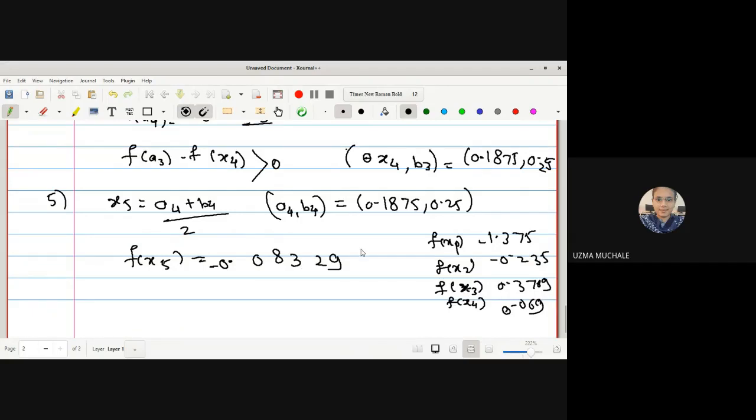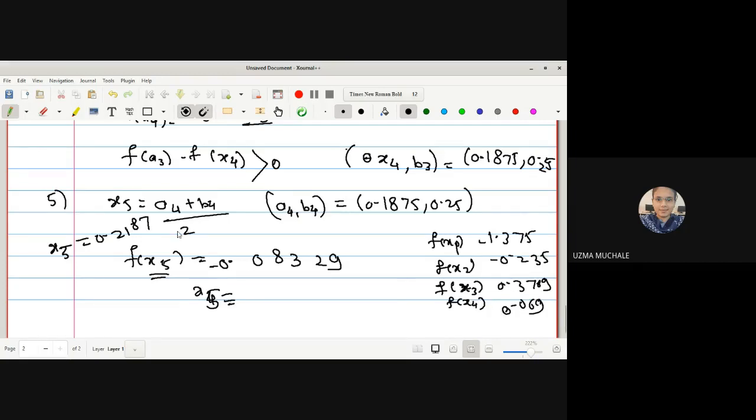So out of all these, we can select any one of them, as in the question you have to perform 5 iterations. So now we can say that x5 is equal to a4 plus b4 divided by 2. The value of x5 is nothing but 0.2187.